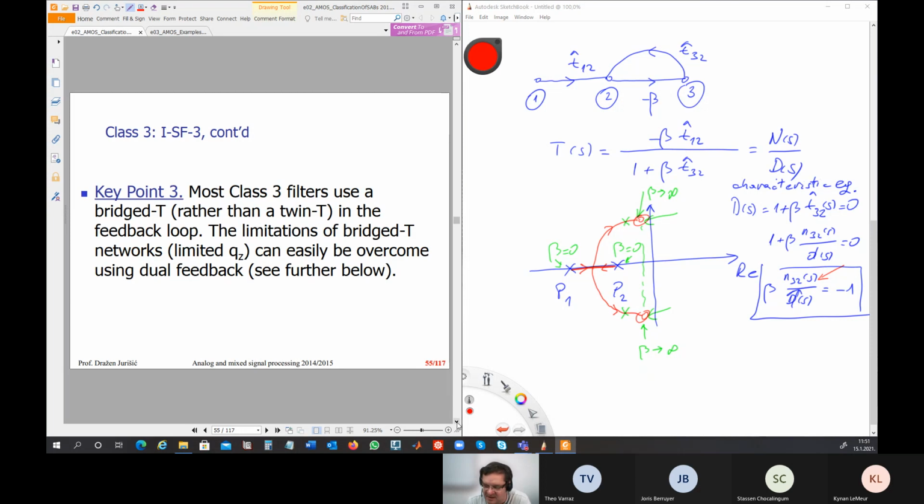Because of this Fialkow-Gerst condition, this network can be used to realize even the zeros here on the j omega axis, like I plot now here. So for beta infinity, these zeros can be here on the j omega axis. Okay.